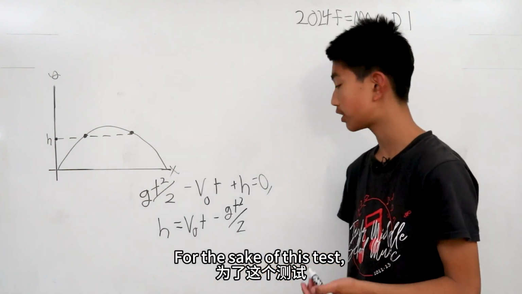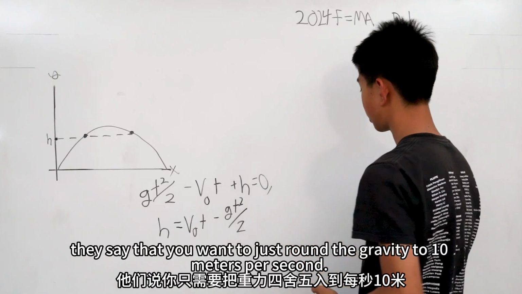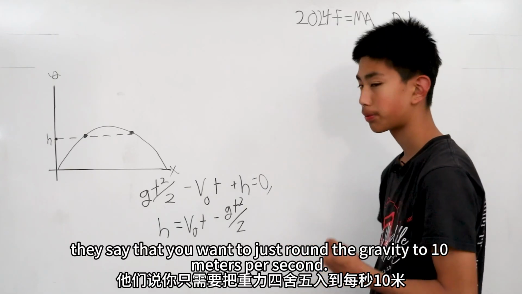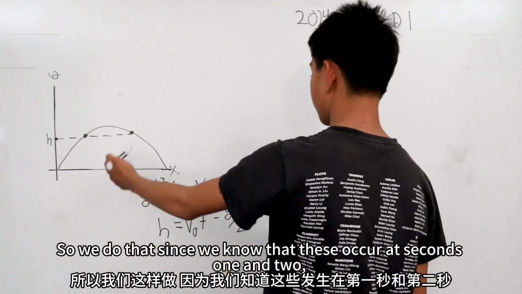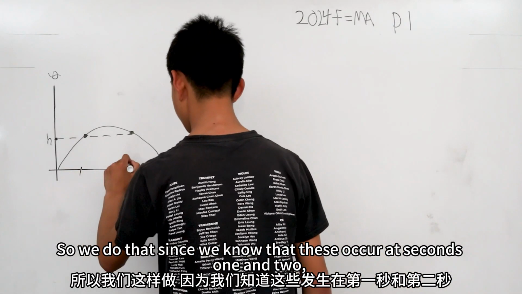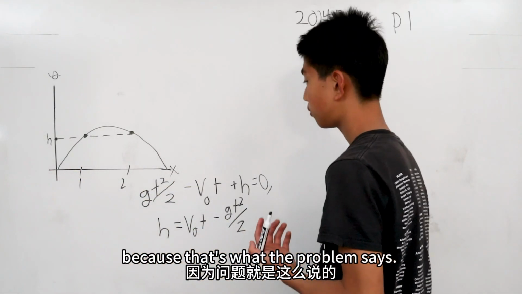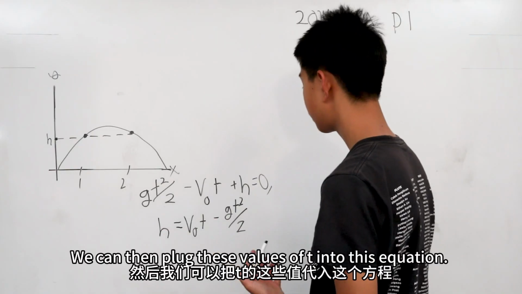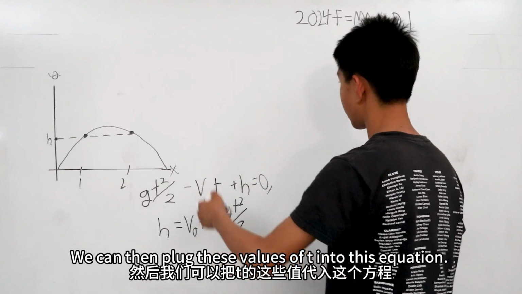For the sake of this test, they say that you want to just round the gravity to 10 meters per second squared, so we do that. Since we know that these occur at seconds 1 and 2, because that's what the problem says, we can then plug these values of t into this equation.